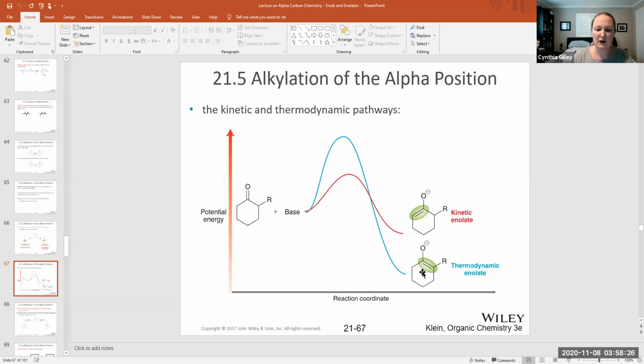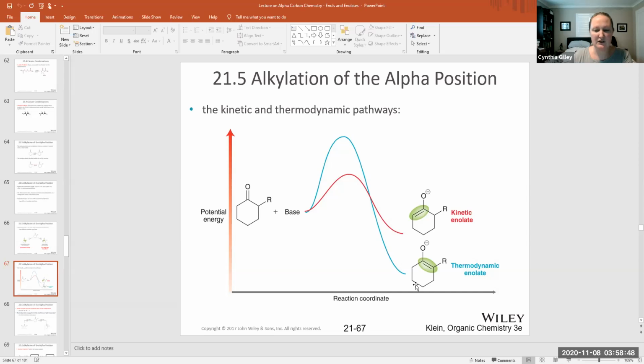And in order to form the thermodynamic enolate as the major enolate in solution, we want to do the reaction at a higher temperature such that there will be an equilibration between the two enolates, and the more stable enolate will then be the major enolate.